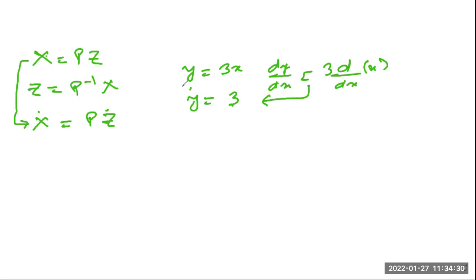This dy by dx is written as y dot. For example, if this is 3x square, then you are differentiating this thing. Both sides we are differentiating with respect to the same variable, so that's why x dot equal to P into z dot. Now it is clear. Yes, sir. Okay.